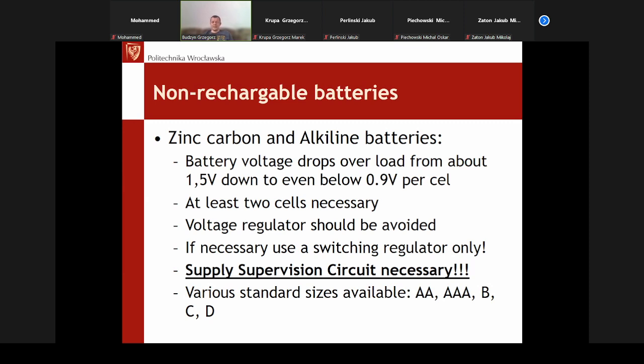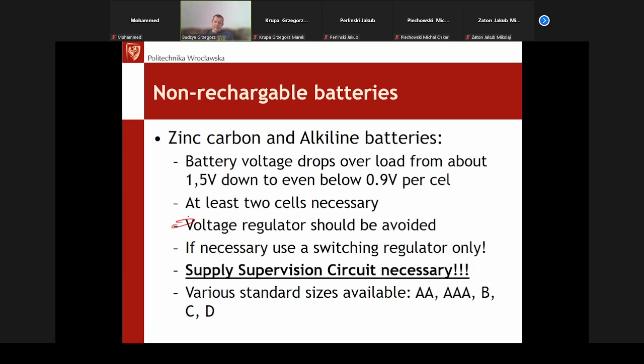And here, in the case of battery operated circuits, two important things. First thing: voltage regulators should be avoided here. And if you really need a voltage regulator, use a switching regulator only this time. From a practical point of view, batteries are a fantastic source of very clean power supply.